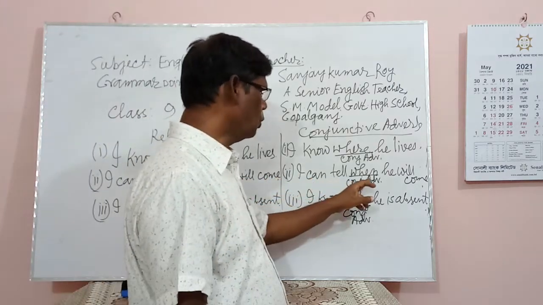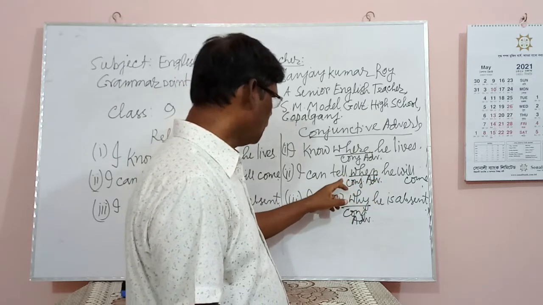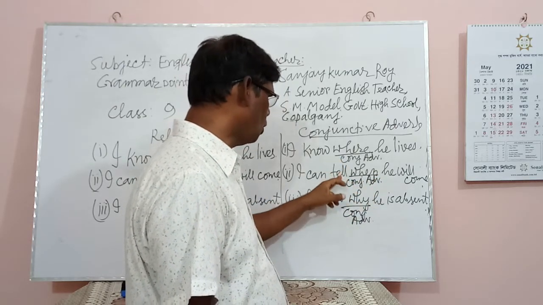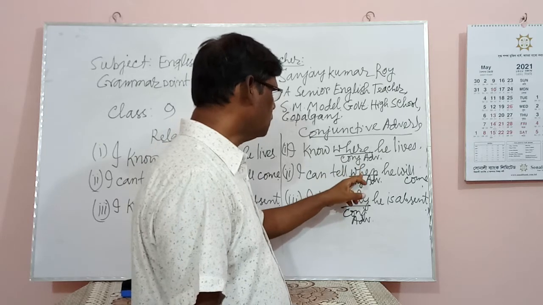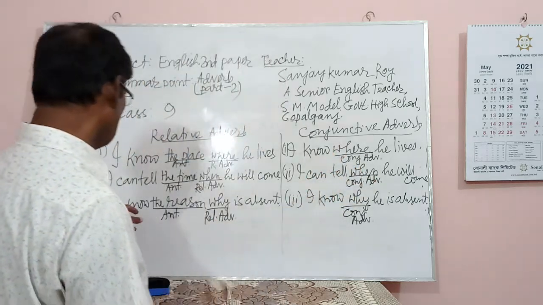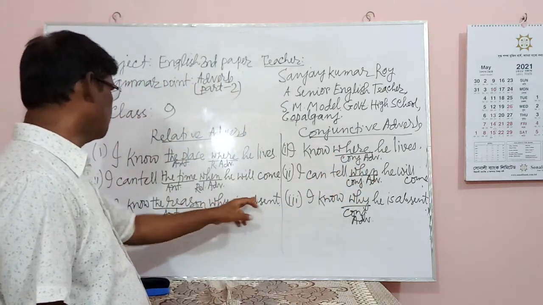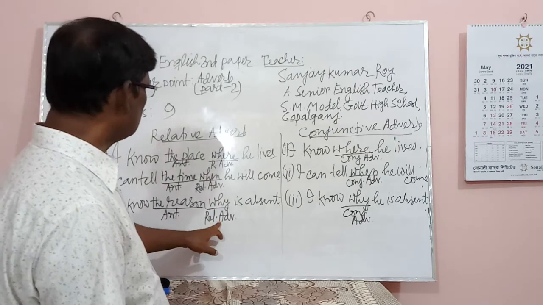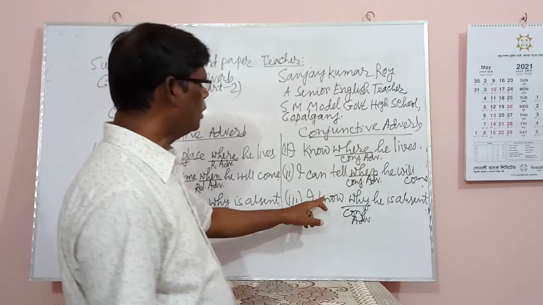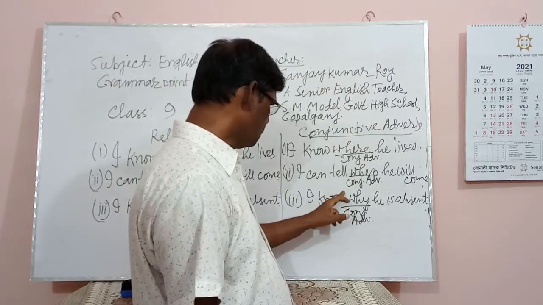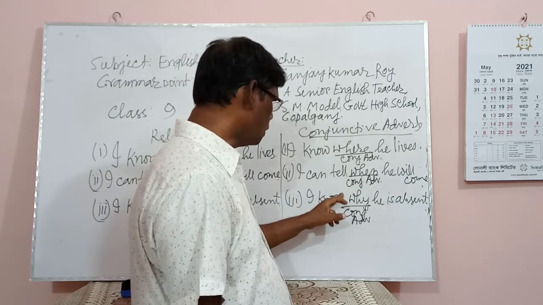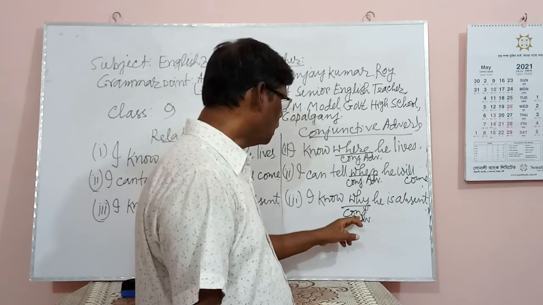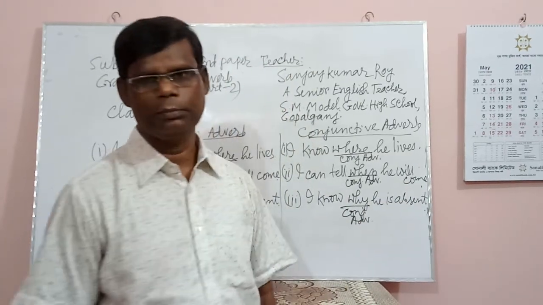I can tell when he will come. Antecedent is not mentioned, so this is conjunctive adverb. I know the reason why he is absent. The reason, antecedent mentioned, relative adverb. And here antecedent is not mentioned, so "why" here is conjunctive adverb.